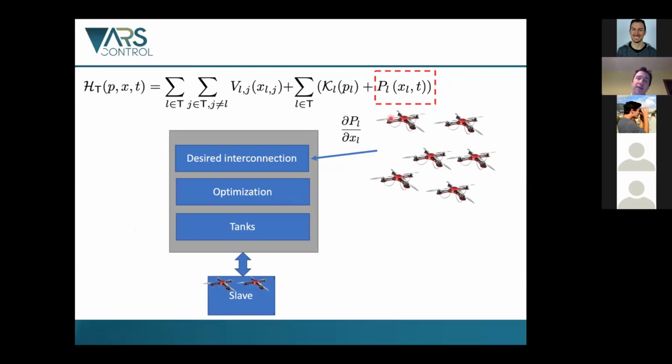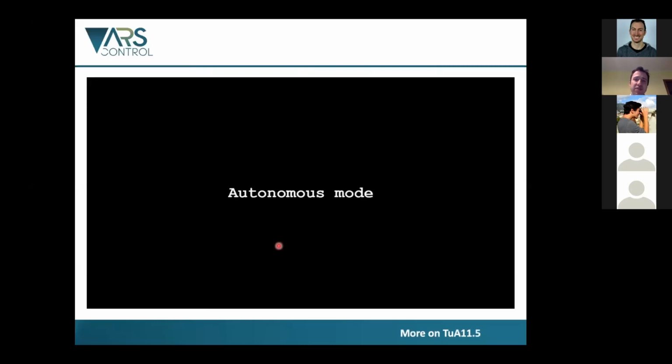So we plug this into this pipeline of control, and what we have is that everything is passive. You can see much more on this in the paper that has been presented at the conference. The presentation should still be there.